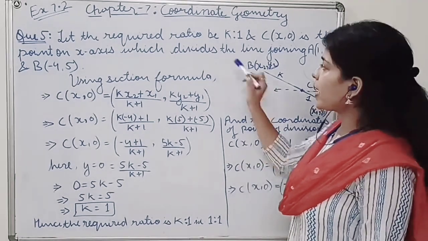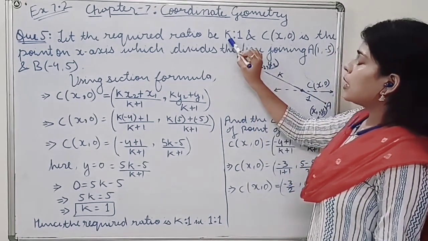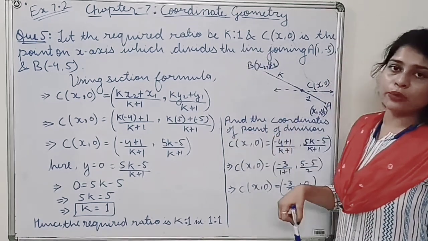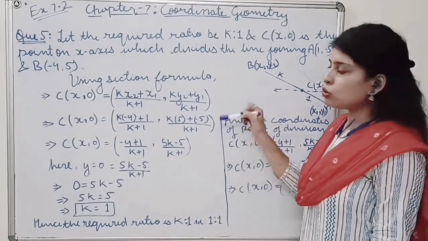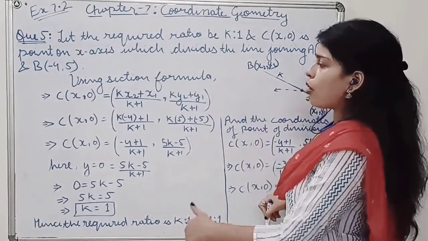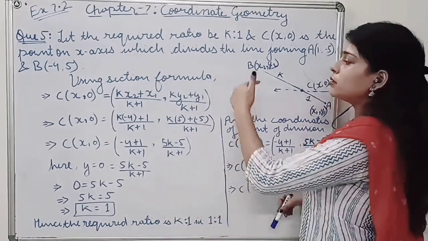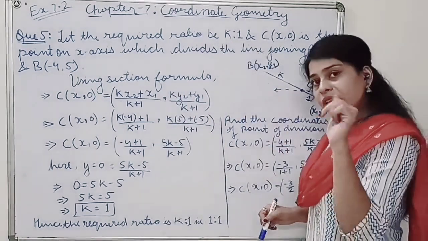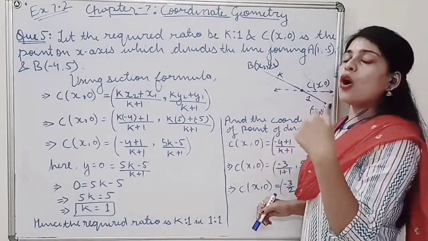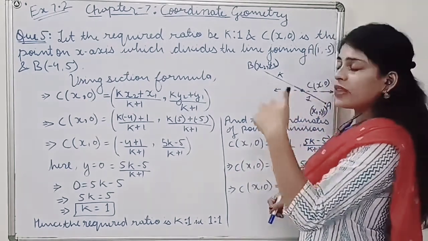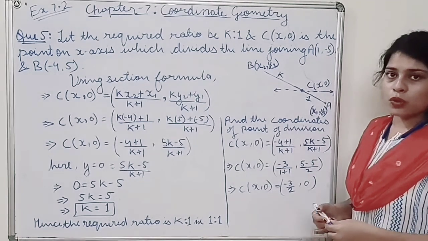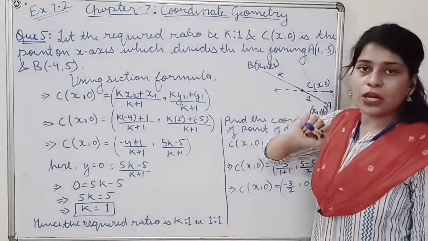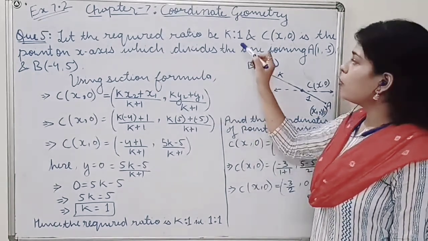Why have we assumed k:1? Because k:1 will simplify the question. It will be easy for us to get the values of the coordinates and the ratio if we take the ratio as k:1. If we take m1:m2 or m:n, then we will have 2 more unknowns. In this case we will have only one unknown, k; 1 is 1.